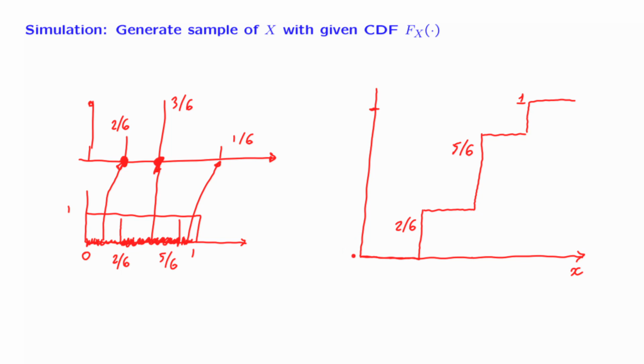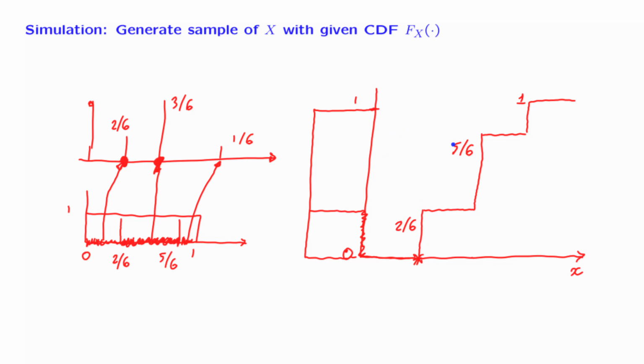And look now at this interval here from 0 to 1. And let us think as follows. We have a uniform random variable distributed between 0 to 1. If my uniform random variable happens to fall in this interval, I'm going to report that value.